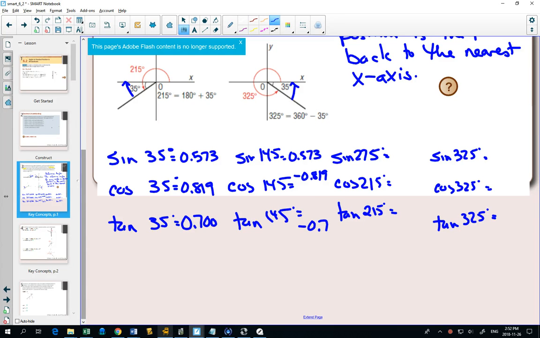Okay. Row 4. Sine of 215, sorry. On your calculator, row 4. Oh, wait, we'll go to row 5. We'll come back to row 4. Sine of 325. Negative 0.573. Cos of 325. 0.819. And tan of 325. Negative 0.7. Okay, back to row 4. Sine of 215.